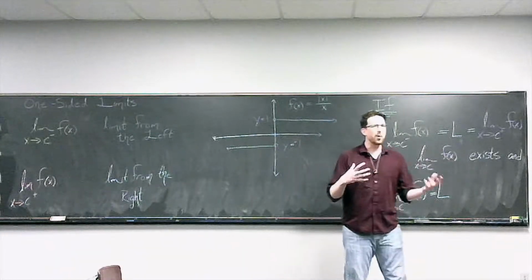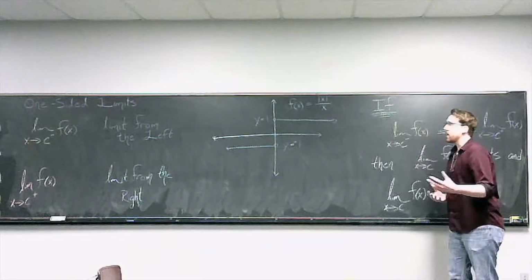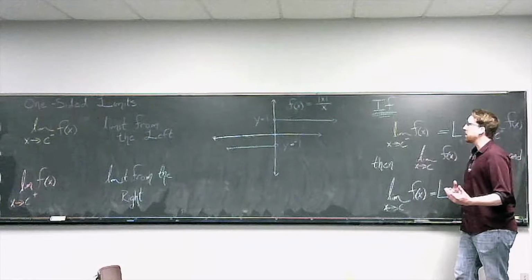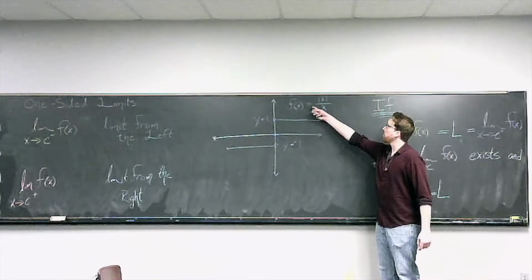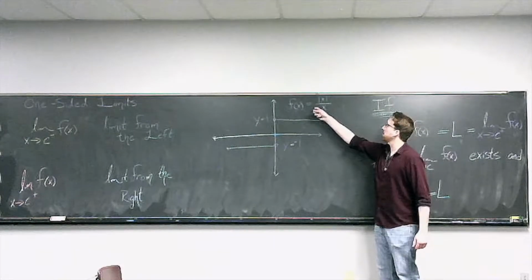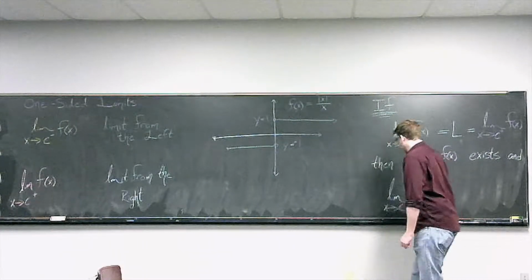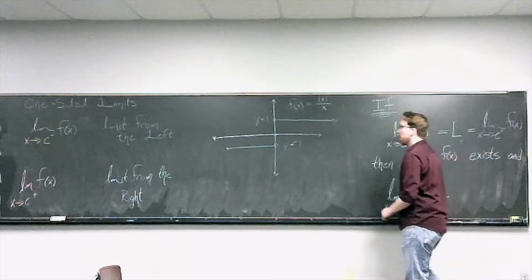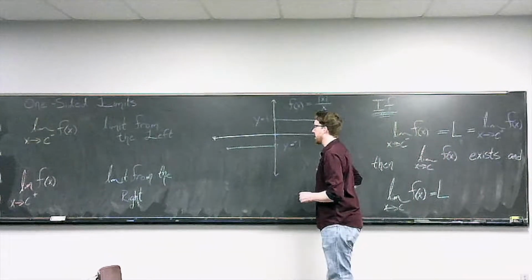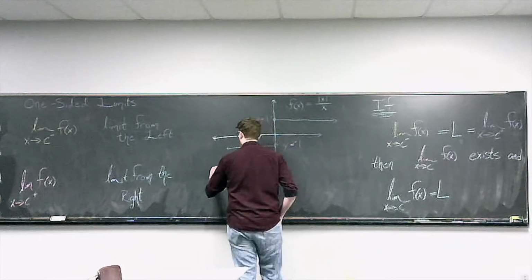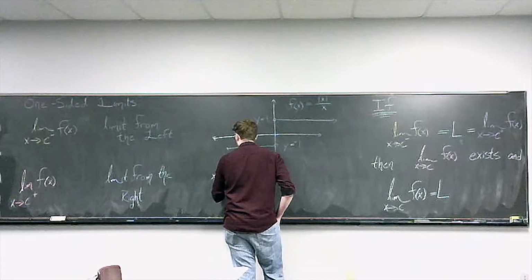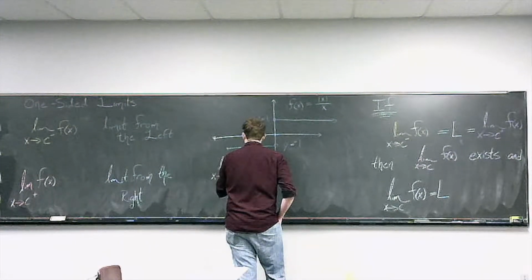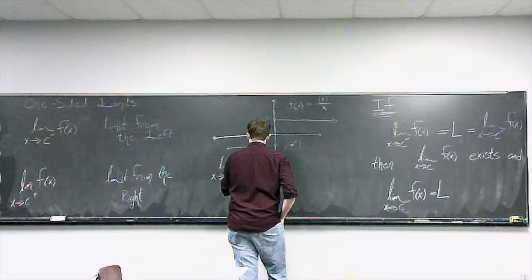And just to show what this looks like, and to give an intuitive understanding of what's happening here, we could look at the function, the absolute value of x divided by x. If we were to consider the limit from the left over here, so this is the limit as x approaches 0 from the left of f of x.